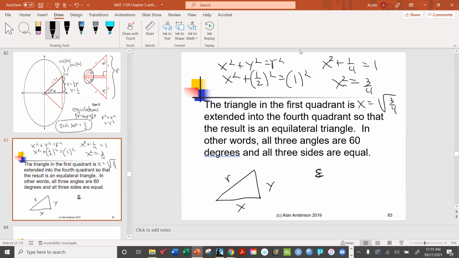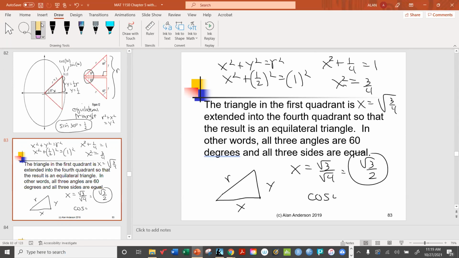And so what this is saying is that the cosine is radical 3/4. Now, radical 3/4 can be written as radical 3 over radical 4, radical 3 over 2, right? So what we just demonstrated is that the cosine of 30 degrees is radical 3 over 2, which we just got through proving a little while ago on our calculators.